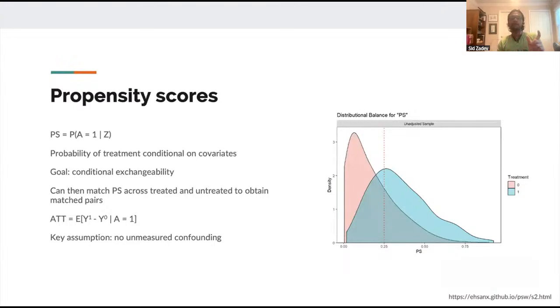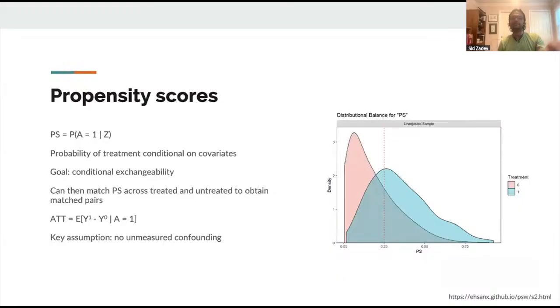That's one central assumption to doing all of this: you're basically saying that you are measuring all of your confounding using the covariates that you have, so beyond these, you have no unmeasured confounding.